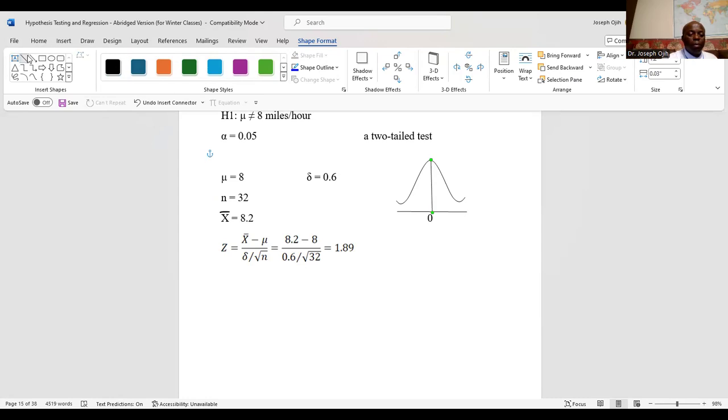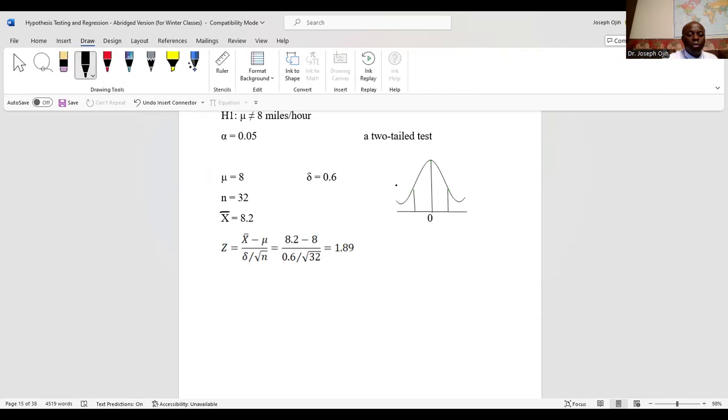Then, since it's a two-tailed test, it's going to be two sides, and then this side as well. Then you can shade both sides. The shaded places mean the result is less than the p-value, and the unshaded place is the acceptance region.